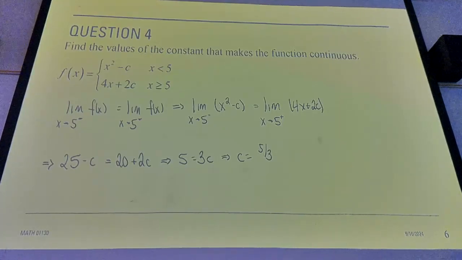Last question. That has to equal f of 5. So 25 minus 5/3.